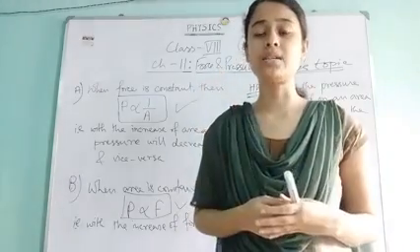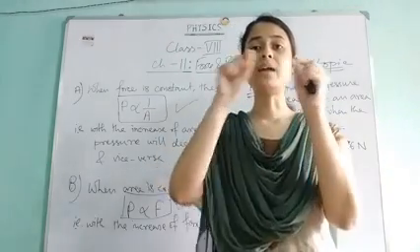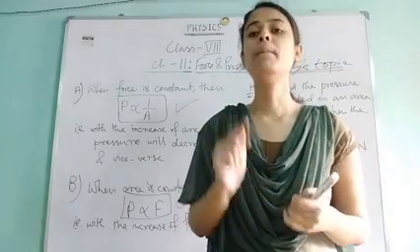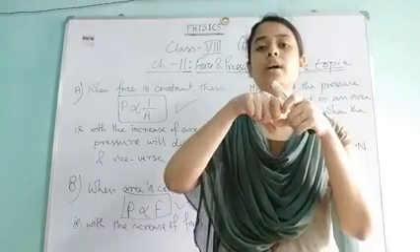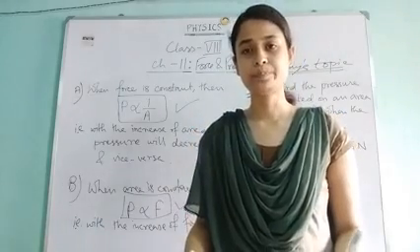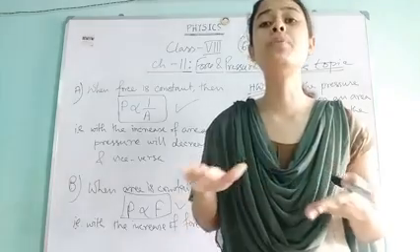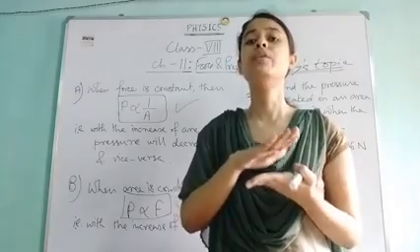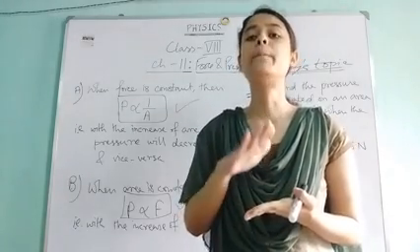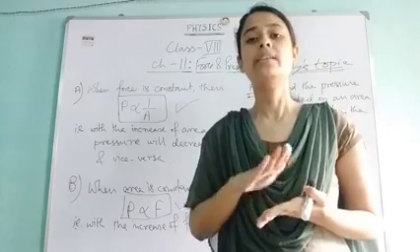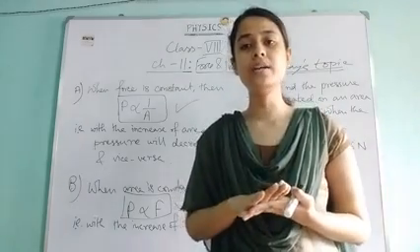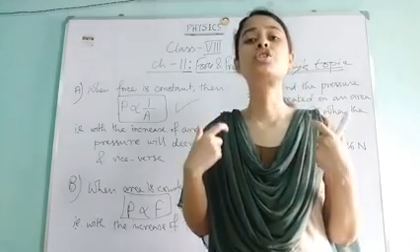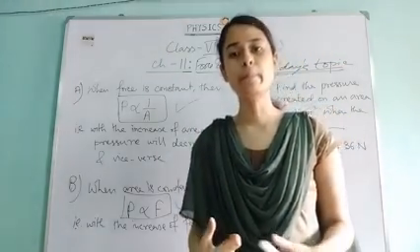Even for a bucket, you can think that a bucket with a metal round thin strip hurts much more compared to a bucket with a broad handle, because that distributes the pressure on your hand. So with the increase of the area, the pressure decreases. That's why we prefer broad handles for the buckets as well as broad straps for the school bags.